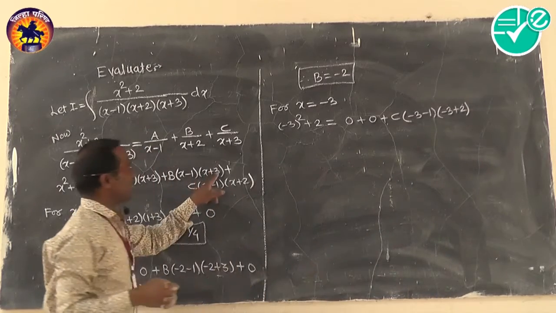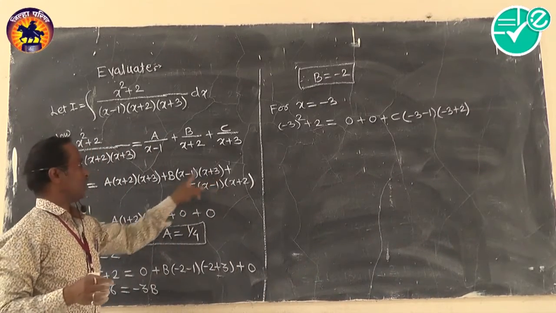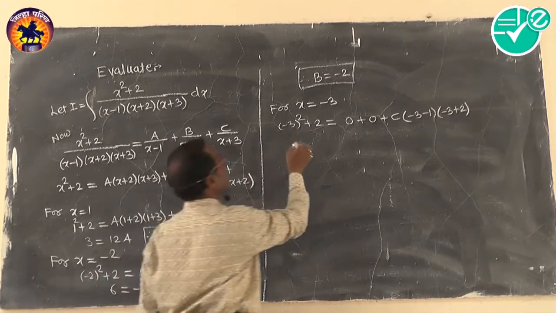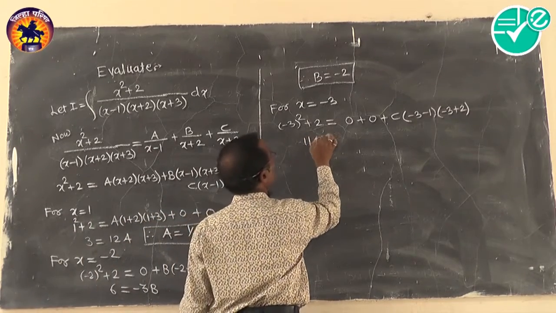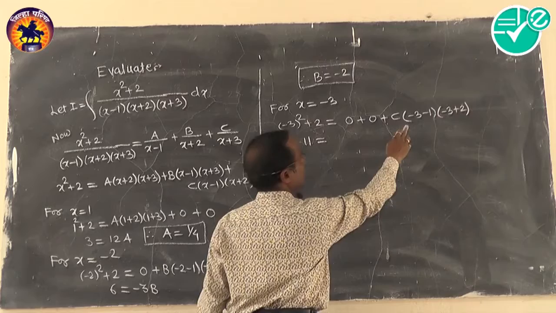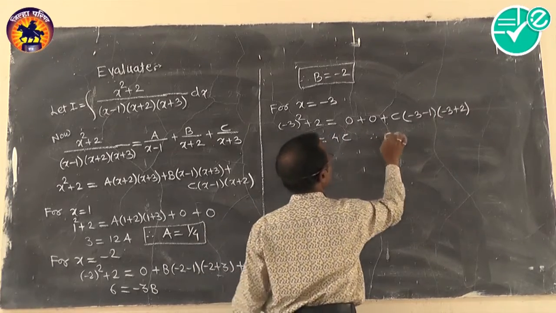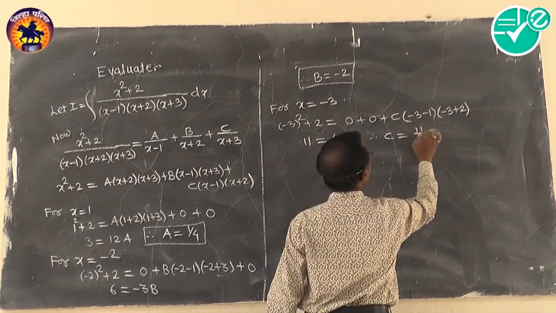Here x plus 3 is minus 3 plus 3, which is 0, and 0 into any function is 0. So we get 11 is equal to minus 4 into minus 1 into c, that is 4c. Therefore, c is equal to 11 by 4.